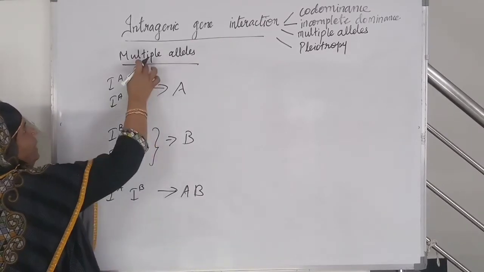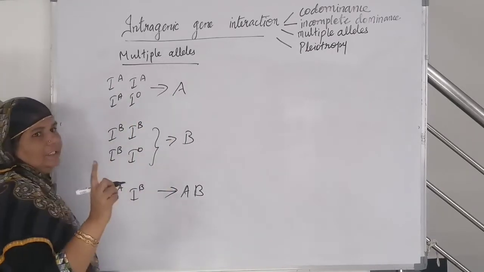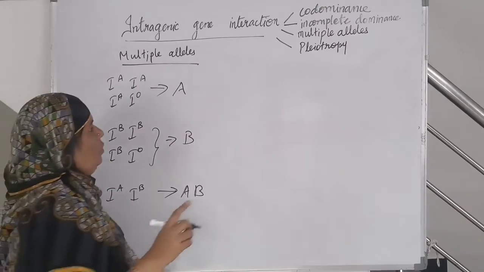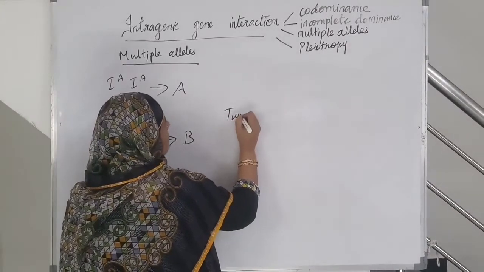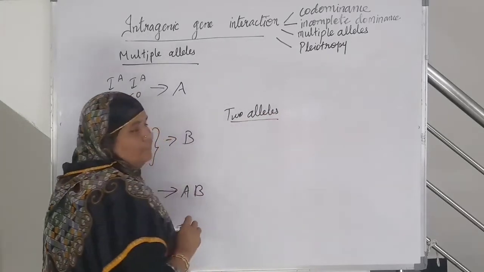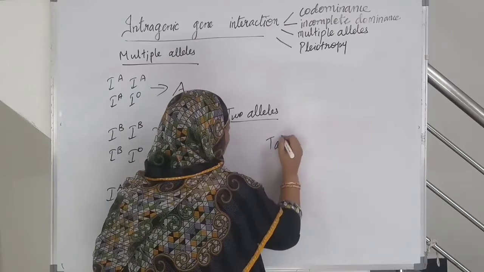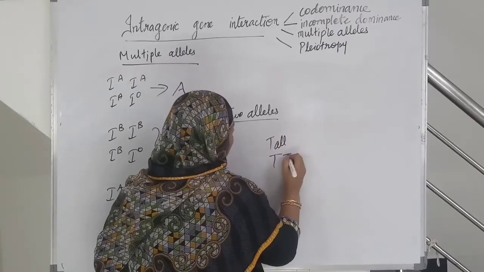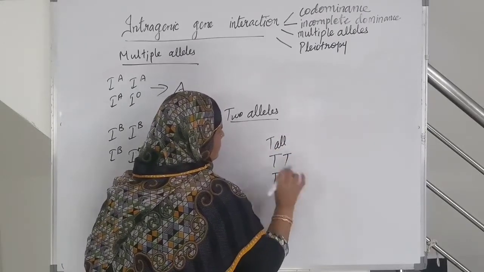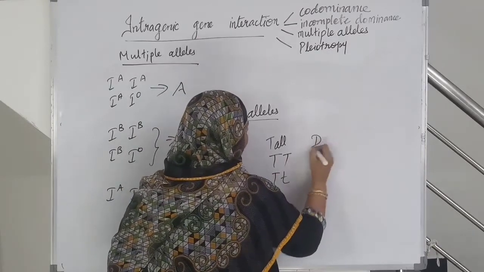Here for the multiple alleles, why I have taken the blood group is this: to decide a character, one phenotype, usually only 2 alleles are used. For example, height, a tall plant or dwarf.